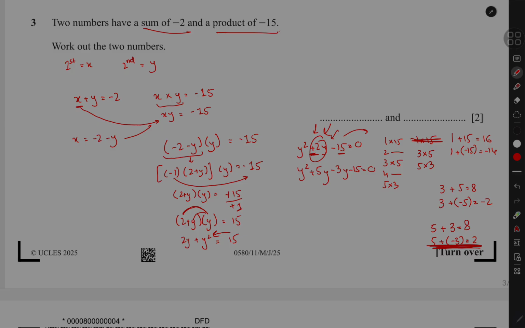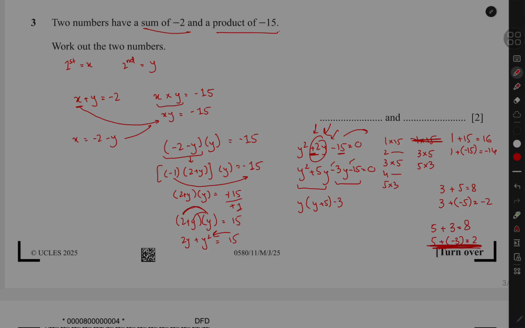Okay? Now, I can just take y common from here and 3 common from here. So y plus 5, or I can also take negative 3 common.